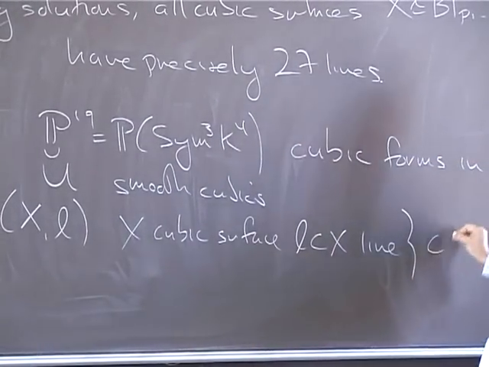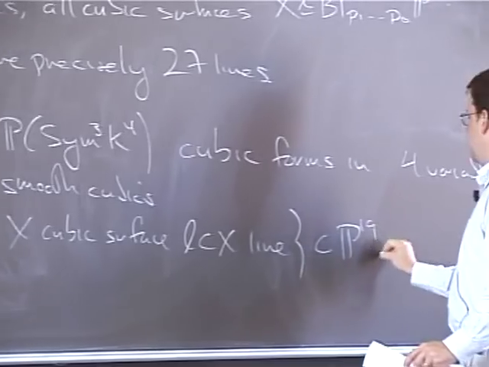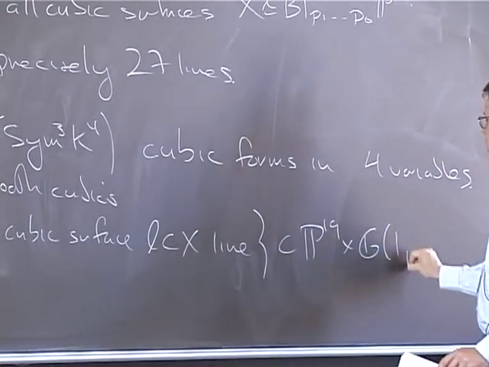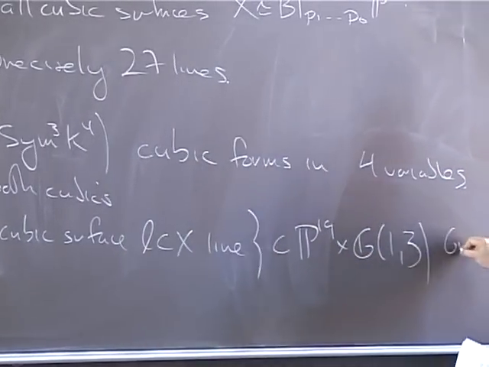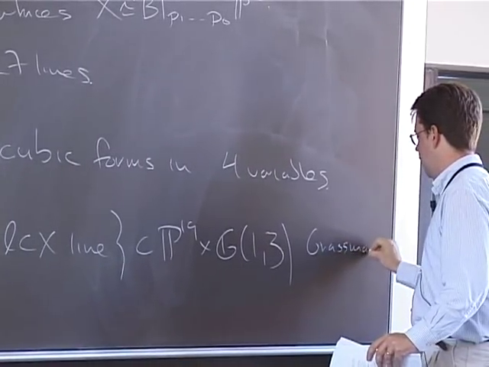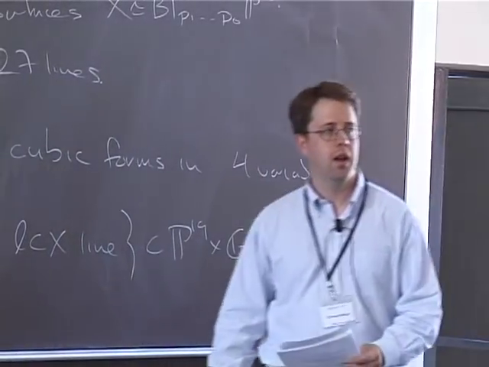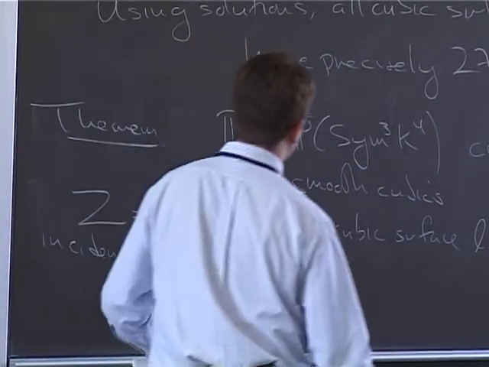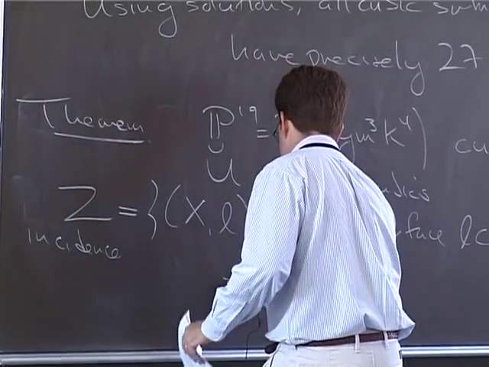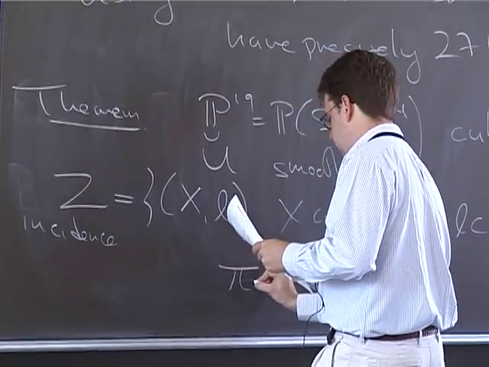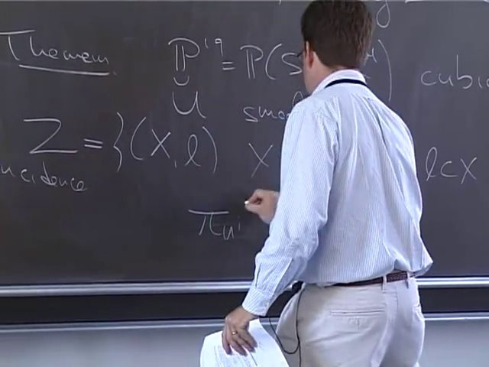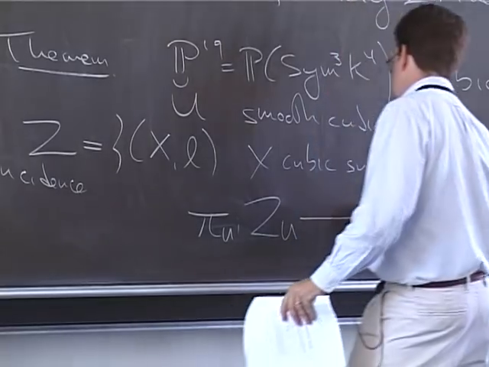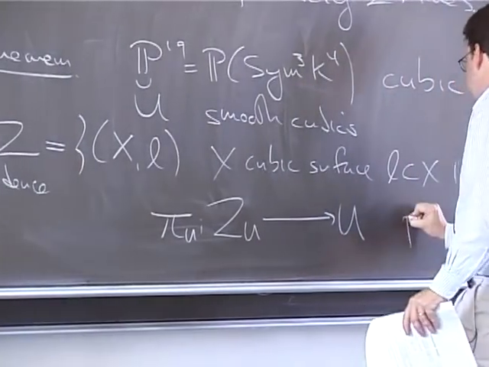So this is sitting in P19 cross the Grassmannian. And we have an induced map from Z restricted to U to U. This is the induced projection.